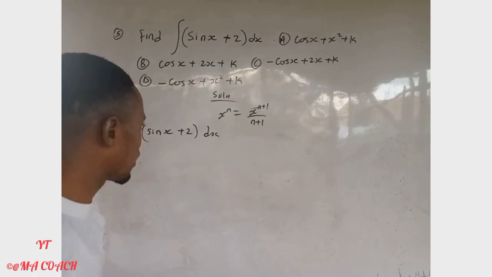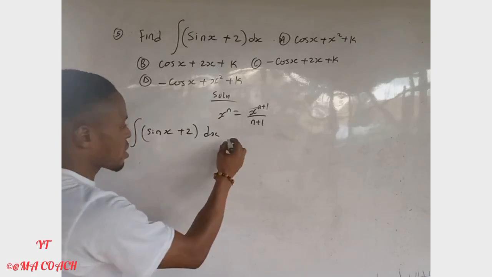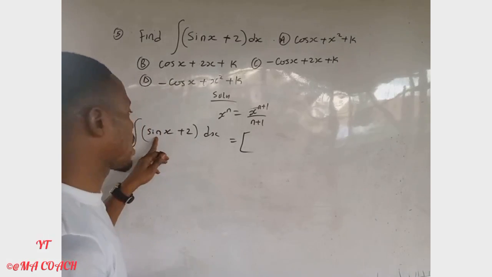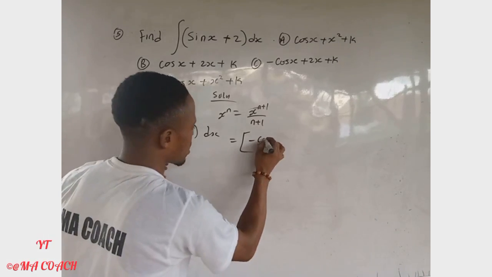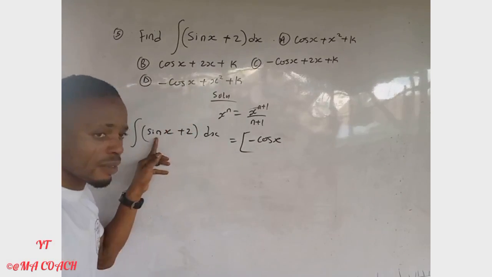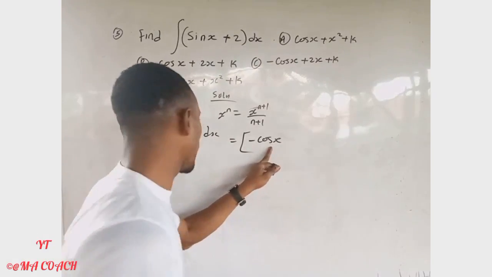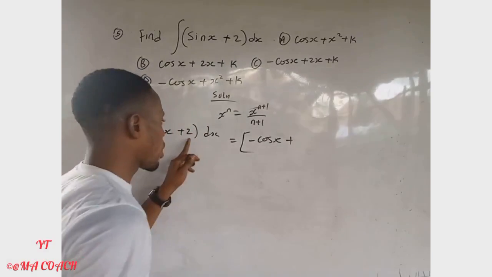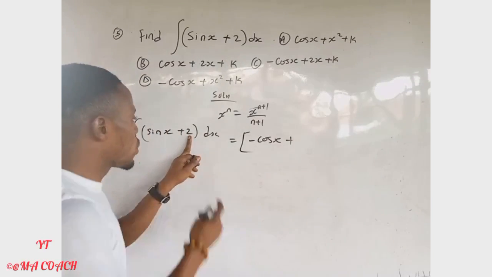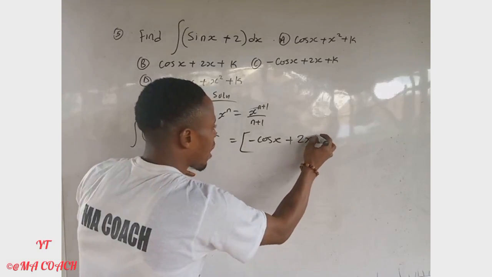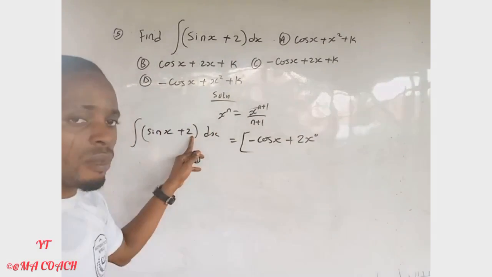So what we just do here now: the integral of sine s is minus cos s. Okay, now plus, let's integrate this 2. In this 2 here, it means that we have s raised to the power of 0.